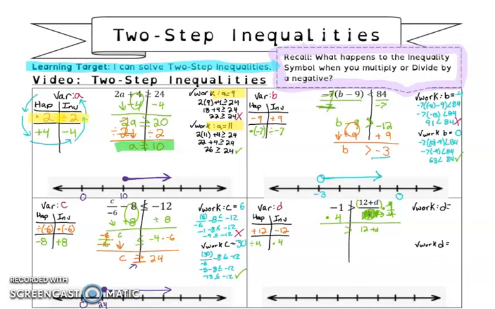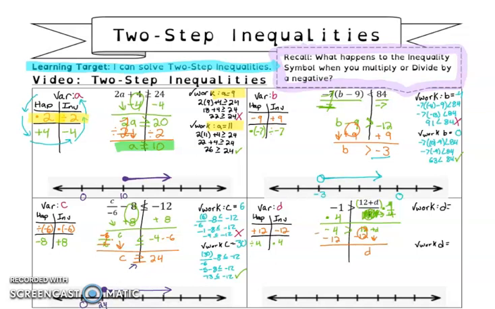-1 times 4. Negative times a positive is a negative. 1 times 4 is 4. And now we can do the opposite of plus 12, which is minus 12. We do that to both sides. 12 minus 12 is 0, so we can just bring down the letter D. And then we have a negative and a negative. Now we're doing our addition step, right?